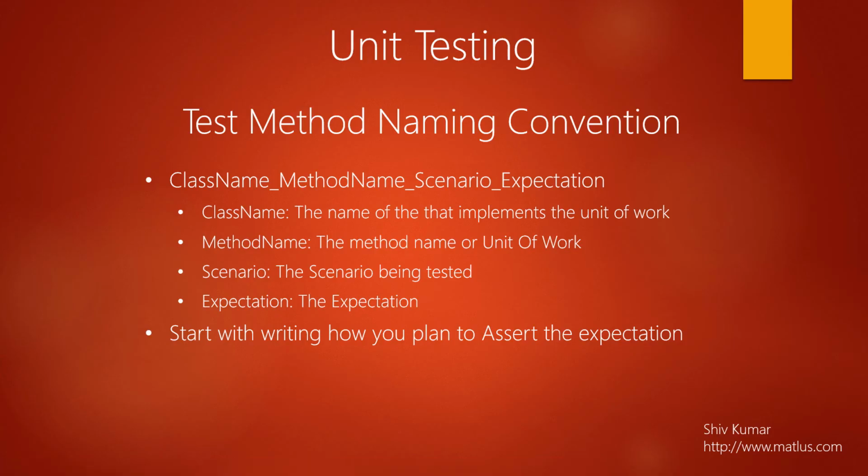The other thing I do is when I start writing the tests, once I've defined the scenario and expectations, so in other words, once I've written the test method itself, I start with the assertion. So I'll go into the test method and if I'm not ready for the code at this point, I'll write it in comment form. How do I intend to assert on that expectation? I find that helps me think about what it is that I'm trying to test and how I will do the testing.